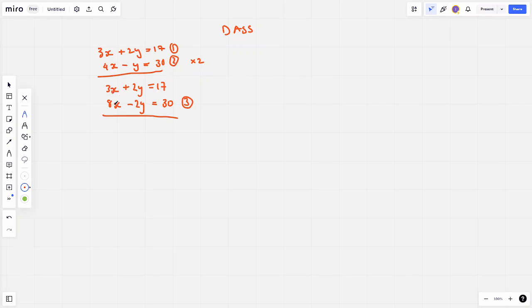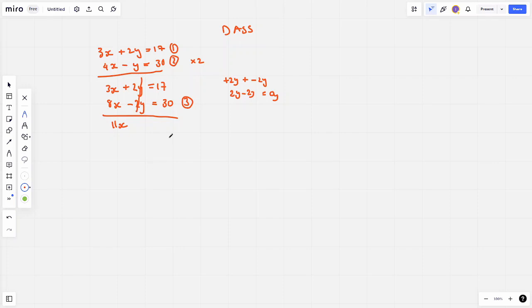So we've got 3x plus 8x, which is 3 plus 8, which is 11. A positive 2y add a negative 2y is the same as positive 2y minus 2y, as a plus and a minus is equal to a minus, and that's equal to 0y, which is 0.